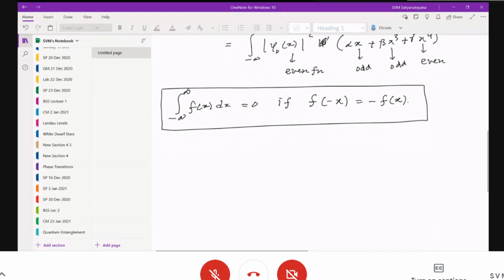So we know that x is proportional to a plus a dagger.